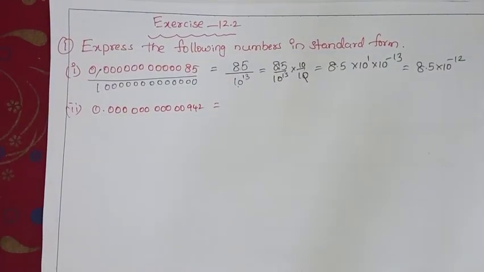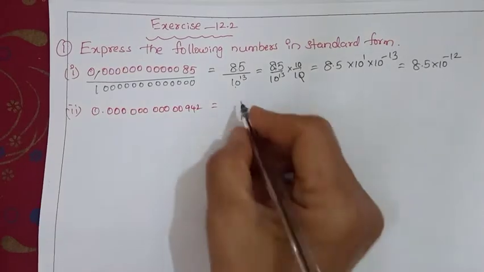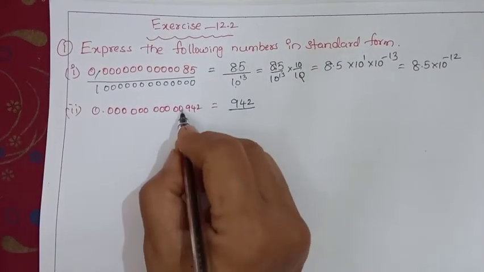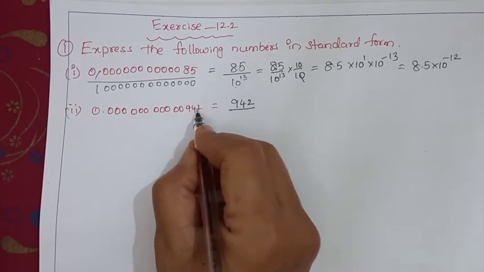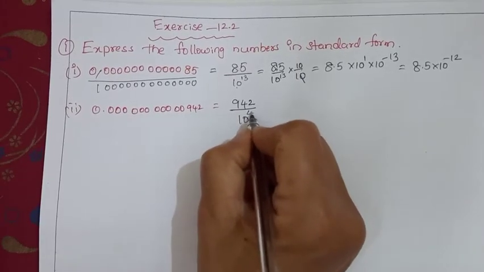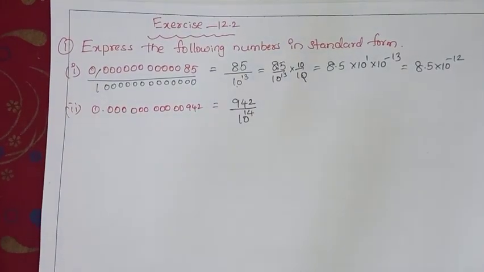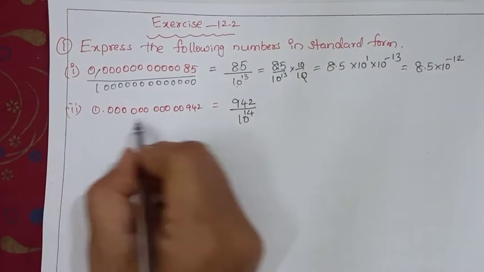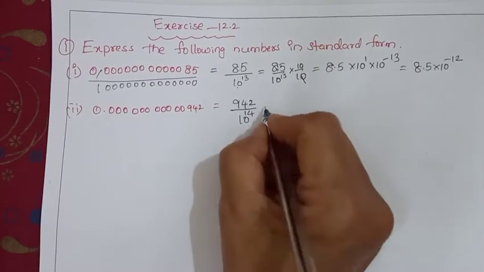Okay. So 942 I am writing first. Then 10 to the power of 14. I am writing now directly. Can I write directly, children? If you want, you can write in the denominator 14 zeros.